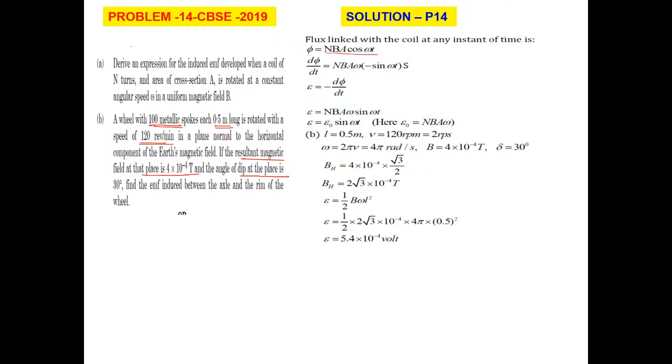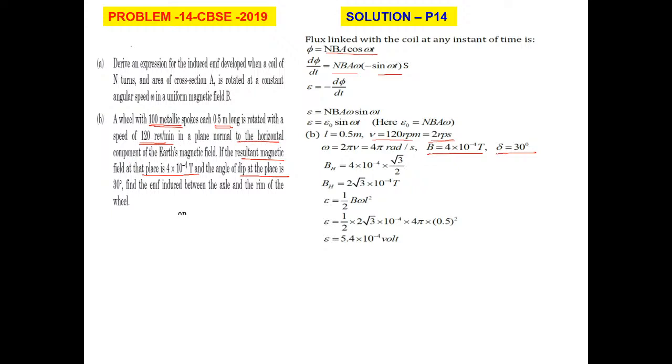Flux is NBA cos omega t, then d phi by dt is NBA omega into minus sin omega t, that is the differential. Then the frequency is 2 rotations per second, B is 4 into 10 power minus 4, and delta is 30 degrees.